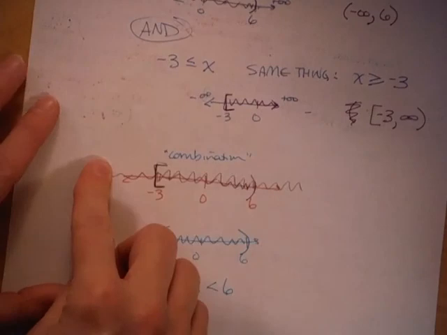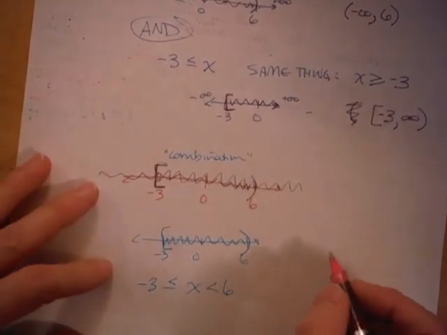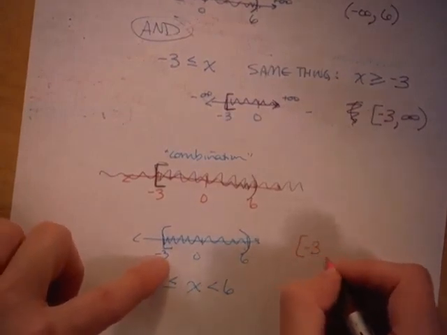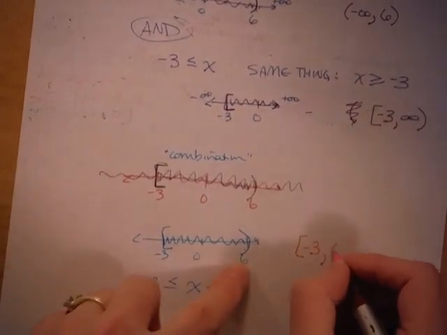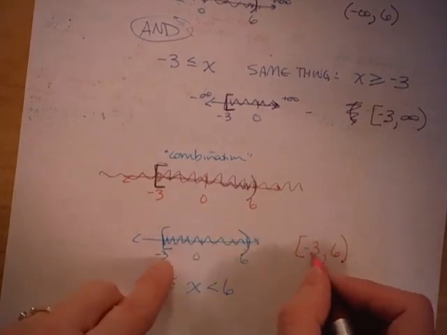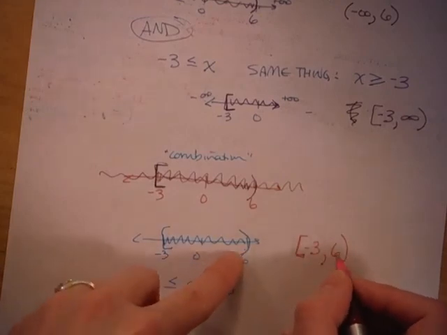Here's one number line to the left and one to the right. The combination of those two go together. And then our interval would look just like this. You'd have the bracket, negative 3, everything in between until you reach 6, and then the open parenthesis. So it's everything in between negative 3, including negative 3, all the way up to positive 6, but not including 6.